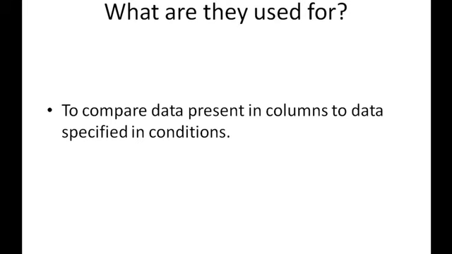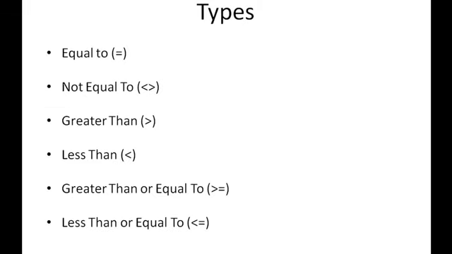So I'm going to demonstrate all of them to you. So let's first check out what are the options that we have in SQL. So we've got the equal to operator, which is the single equal to sign, and you use this to check whether data in columns is the same as what you specify in your where condition or not.